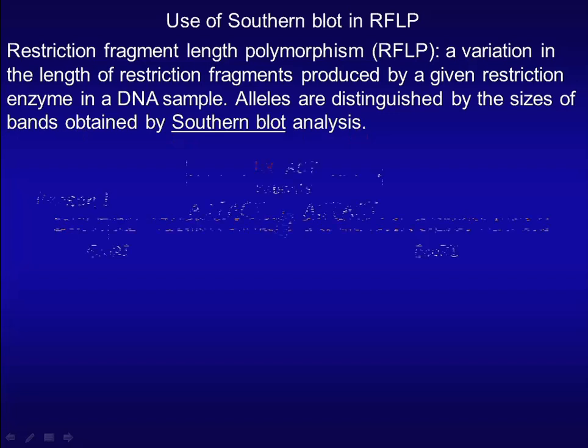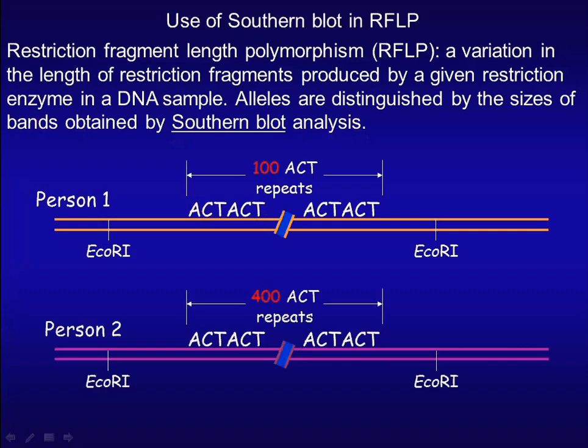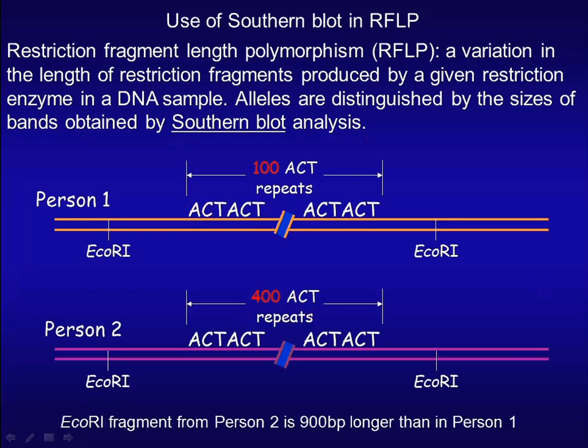For example, person 1 has an allele with 100 ACT repeats. Person 2 has 400 ACT repeats. These two alleles can be distinguished by cutting their genomic DNA with EcoR1, followed by Southern blot analysis.